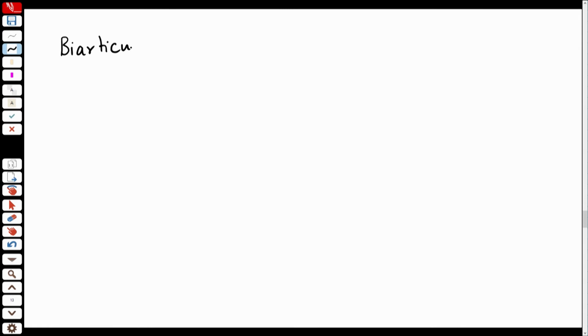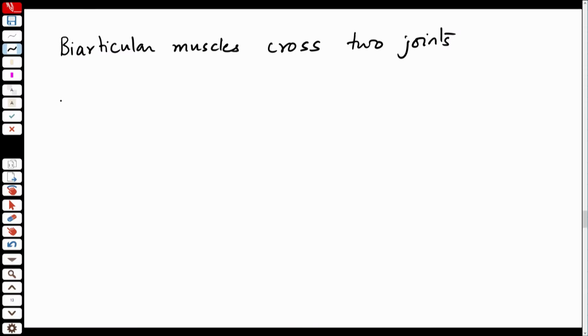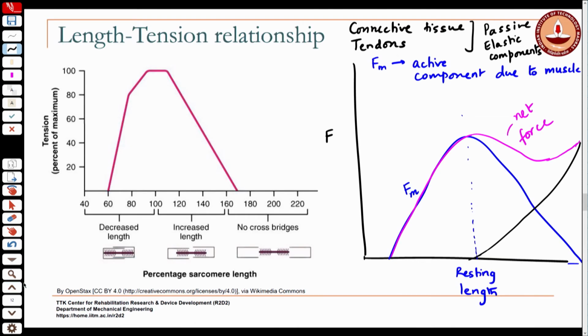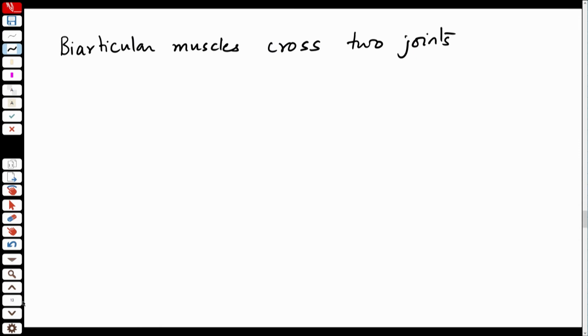The biarticular muscles cross two joints, so in these cases the passive tension that we saw starts playing a role, and I will explain it with an example.